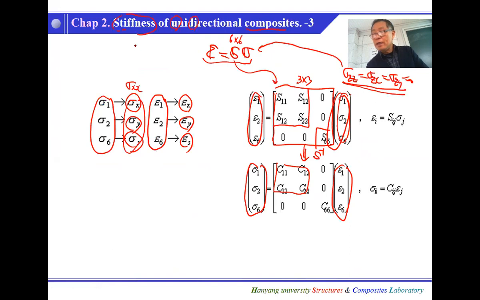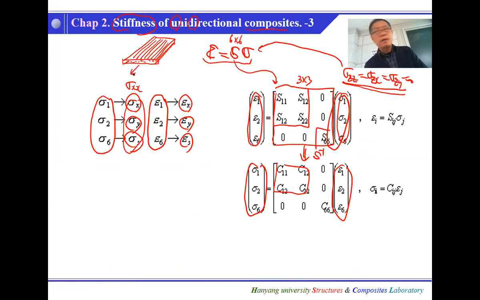What is a UD? UD is fibers aligned in one direction, unidirectional, and fibers will be like that.